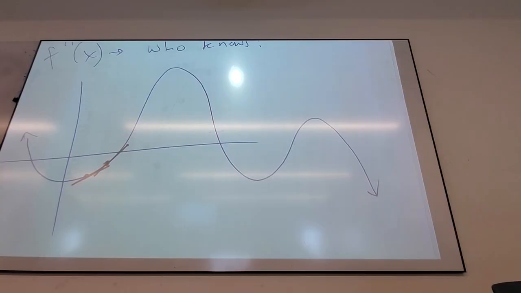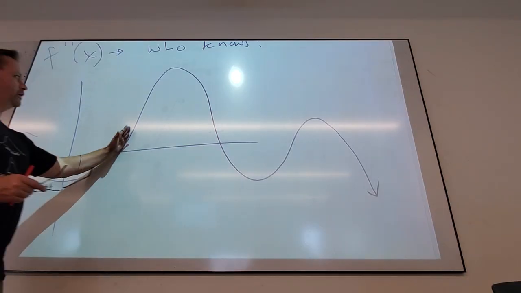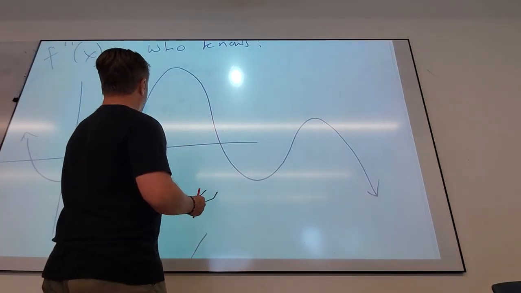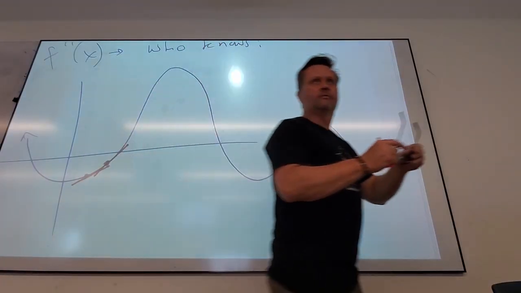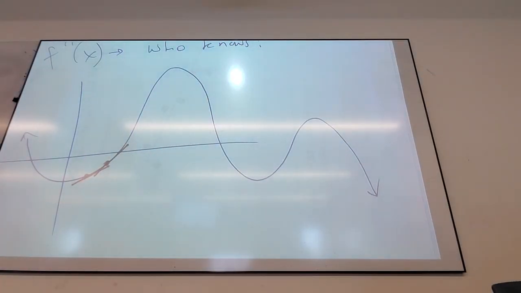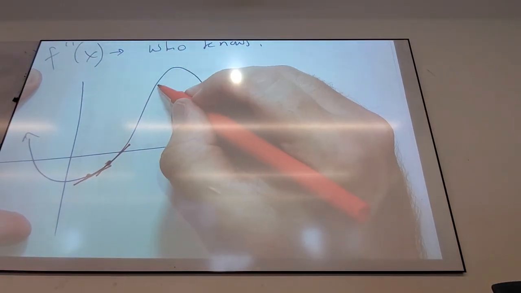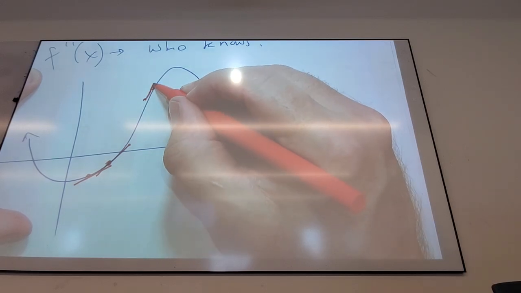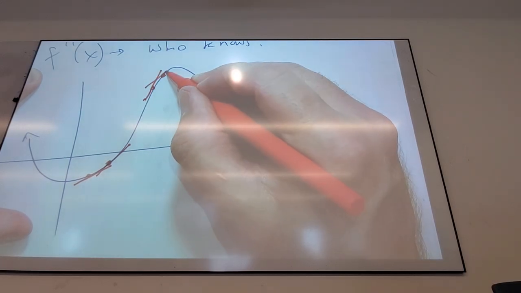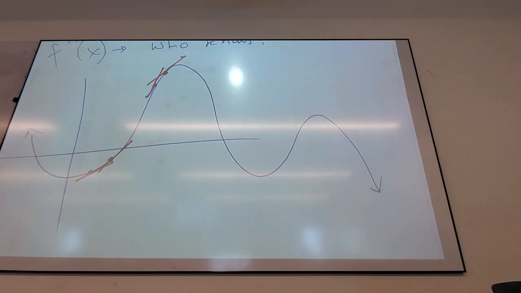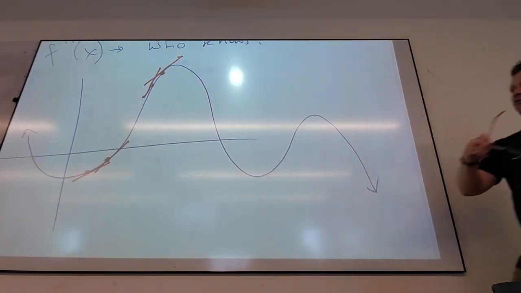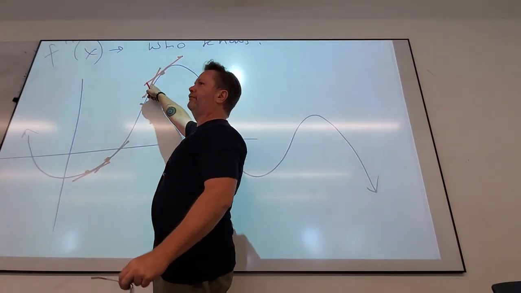How we doing? Do you agree that at some point around here, it starts to do the opposite? So at some point in here, after that point, the slope is positive. What is it here? Still positive, but it is getting less positive. So therefore, what should be true about f double prime here?